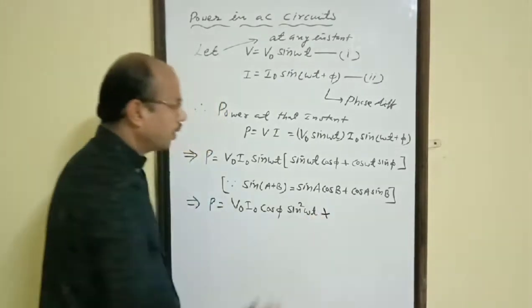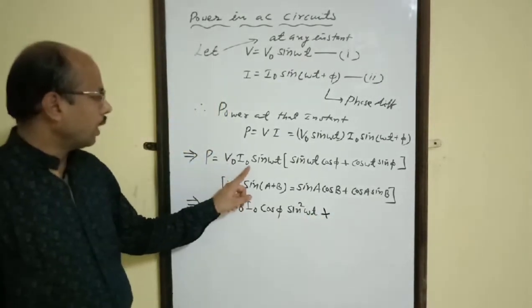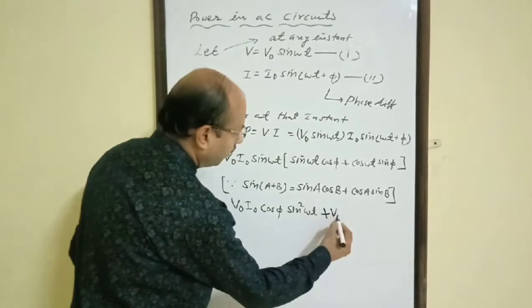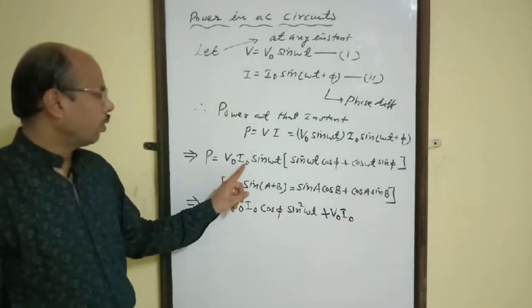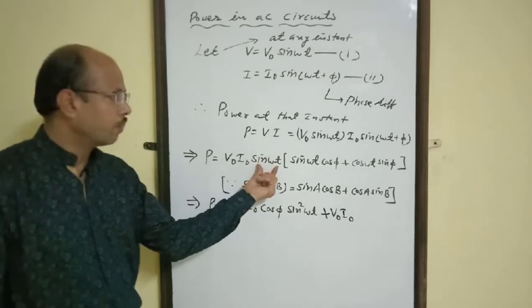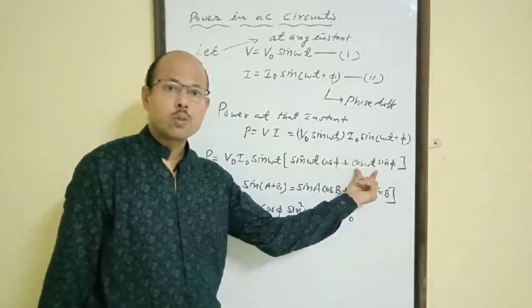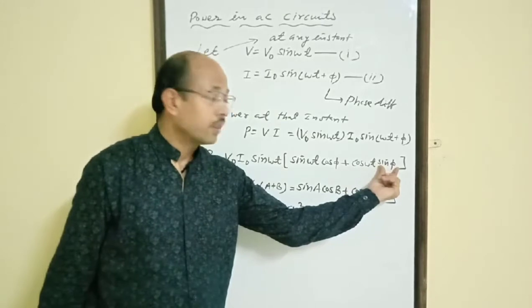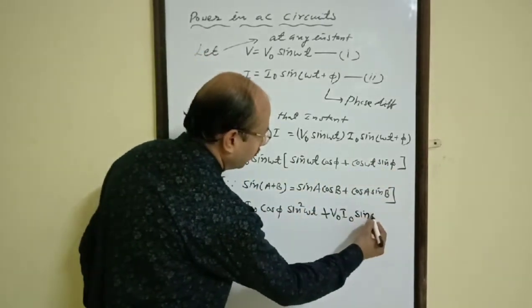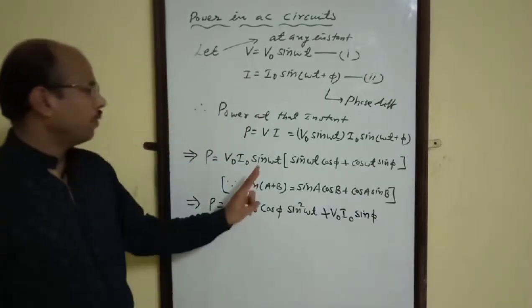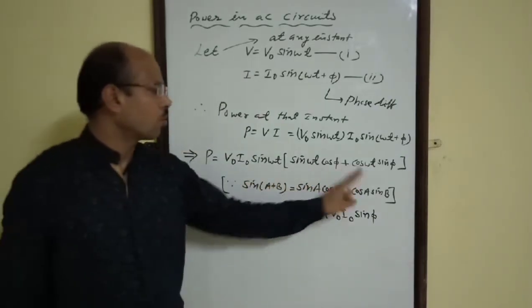Similarly, the second term becomes V naught I naught, constant, then sin omega t, a variable term, and cos omega t, also a variable term with time, but sin phi is also constant. Therefore V naught I naught sin phi, and here sin omega t cos omega t.